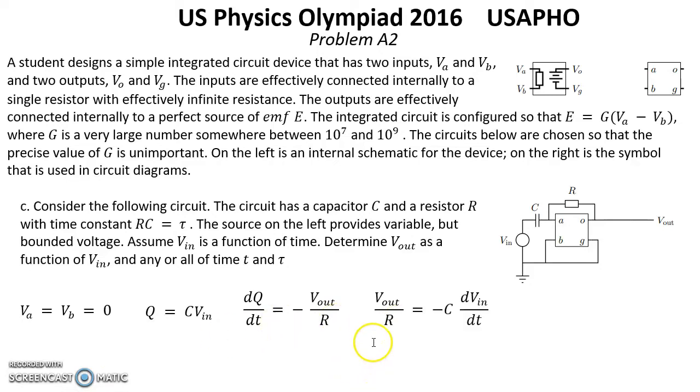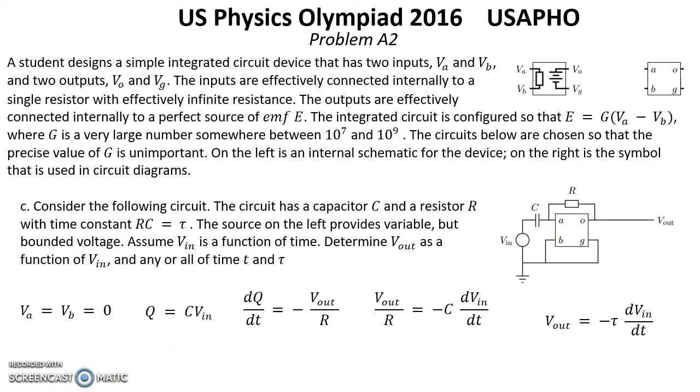Then we have V out over R equal to negative C dV in over dt, and finally we have V out equal to negative tau multiplied by dV in over dt. This was the solution for question C, and this circuit is a differentiator.